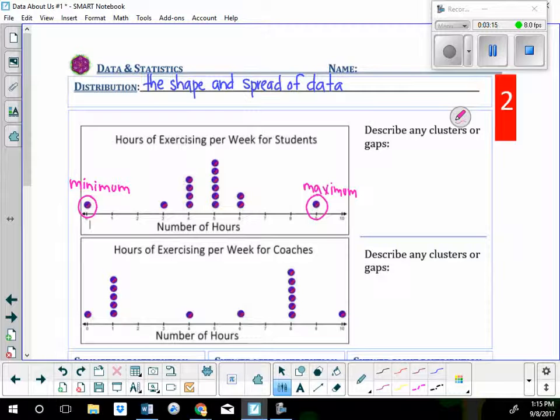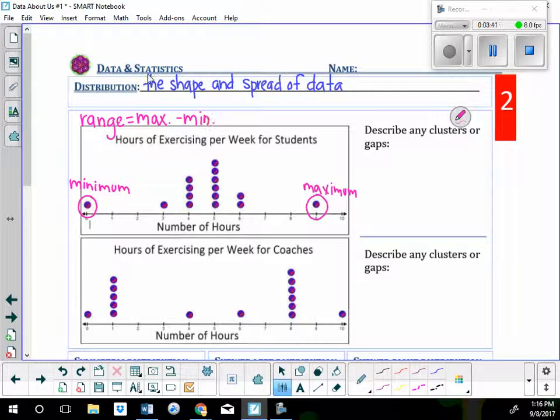Good question. All right, the next thing we're going to find is our range, and that's a new thing that we just learned with our warm-up. Our range talks about the spread of our data, how spread out our data is. The range is the difference between our maximum, which I'll abbreviate as max, and our minimum, which I'll abbreviate as min.